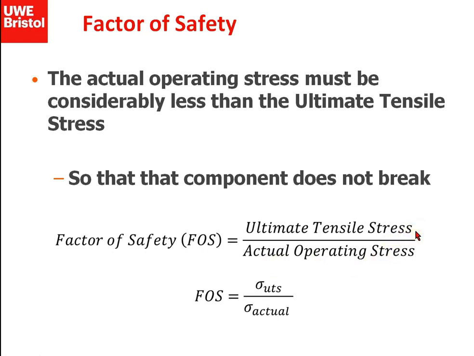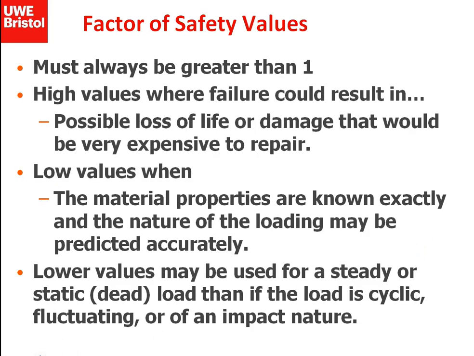So the maximum that it can take divided by the amount that I'm planning to apply. Notice that should be a number that's more than 1. If I'm planning to apply more stress than the material can actually experience, then it's going to fail in some way. So my factor of safety must always be more than 1.